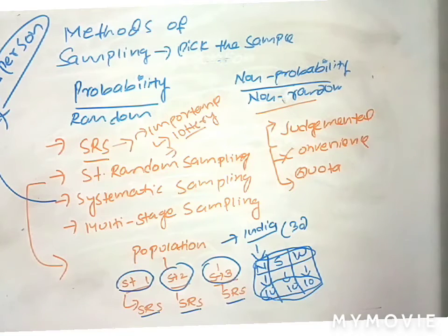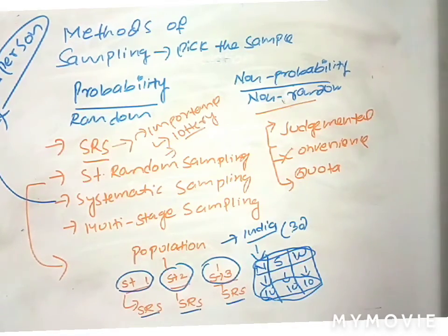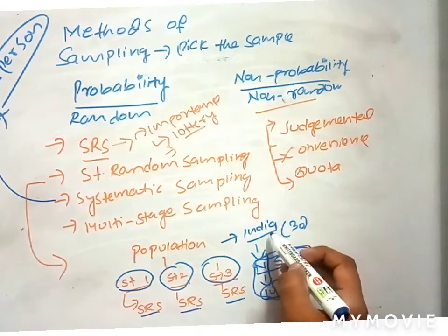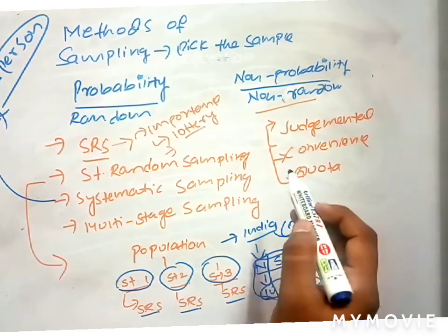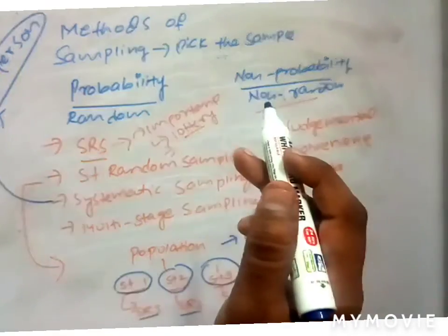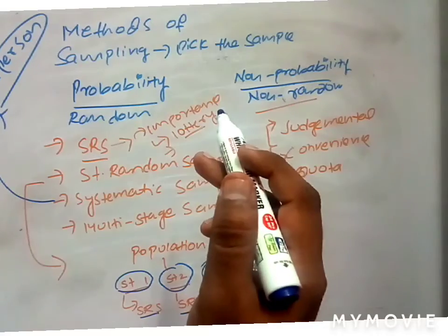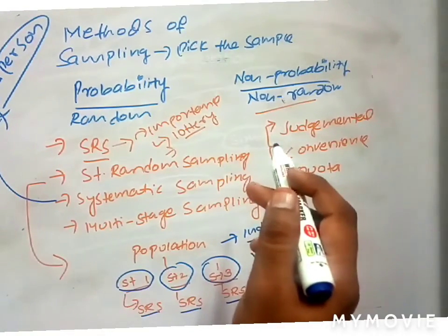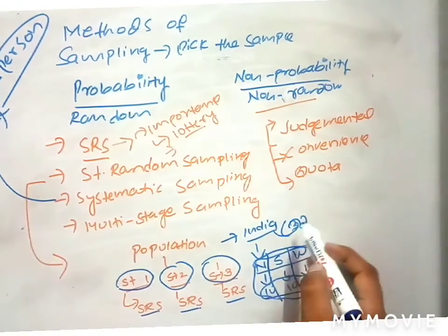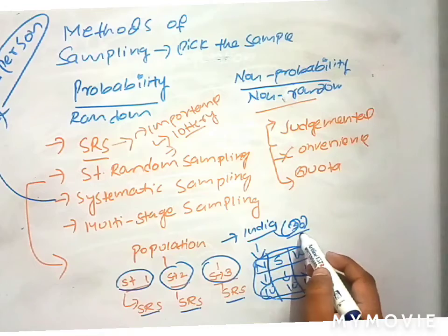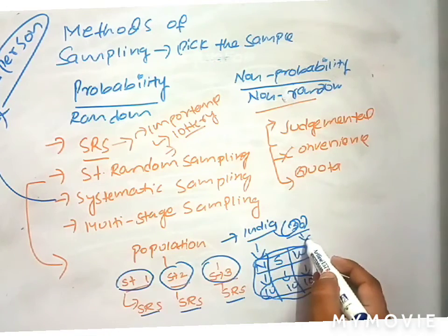Then the next one is multi-stage sampling. So what do you mean by the multi-stage sampling process? For example, when I say this is a particular country, I am going to select in different stages. In the first stage I am going to select 30 from a particular country.